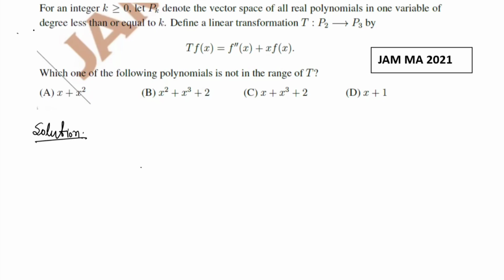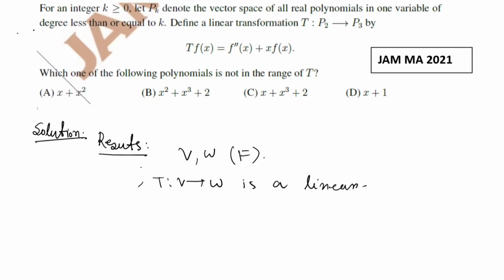First of all, here we use an important result. The statement of the result is: let V and W be vector spaces over a field F, and T from V to W is a linear transformation.